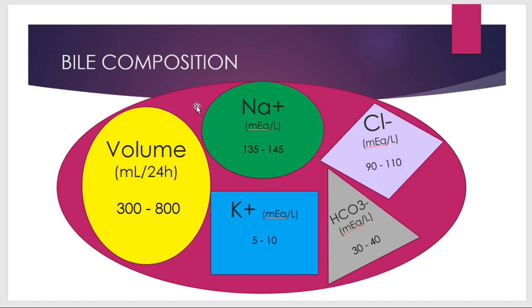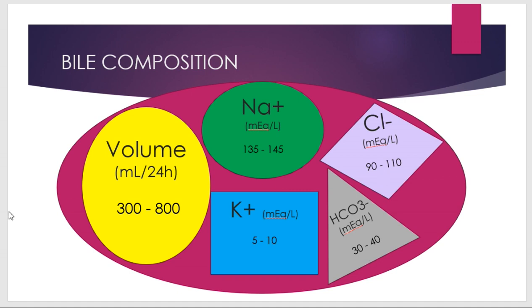Extracellular fluid means not present inside the cell, secreted. So bile is having sodium as a predominant cation, right? As this is not intracellular fluid, so potassium levels are low in this one. Chloride and bicarbonates, we have already discussed the values here.